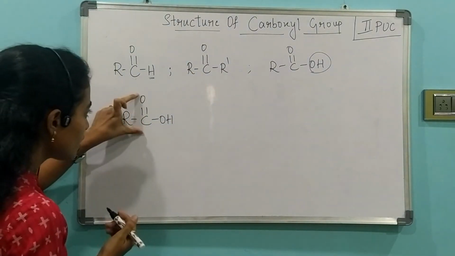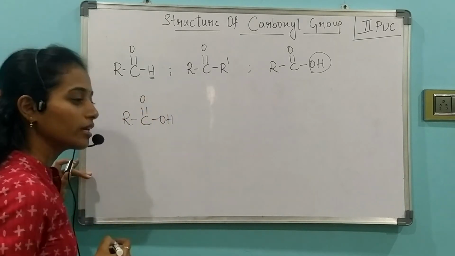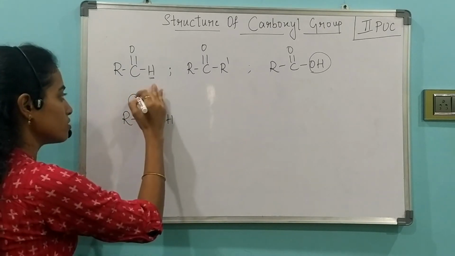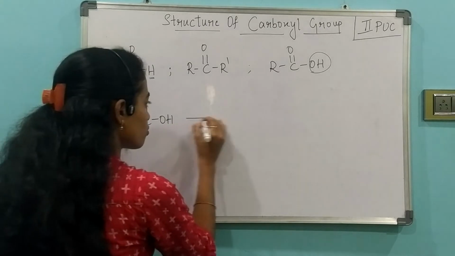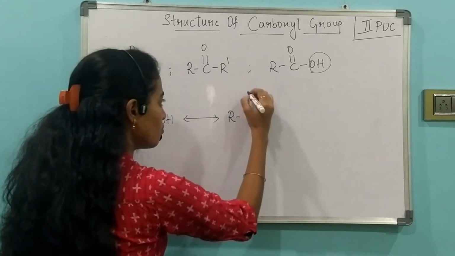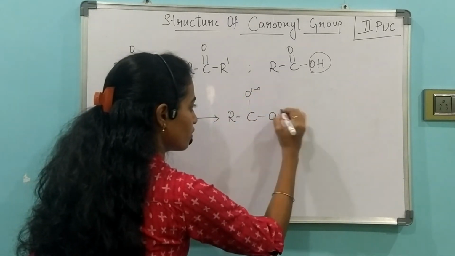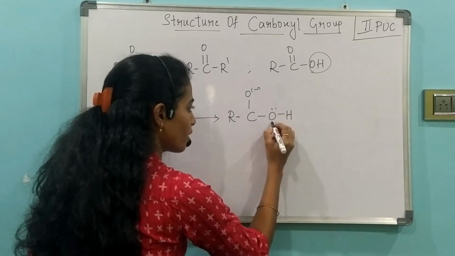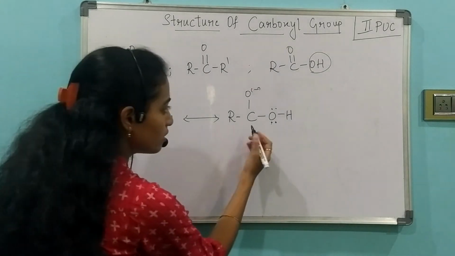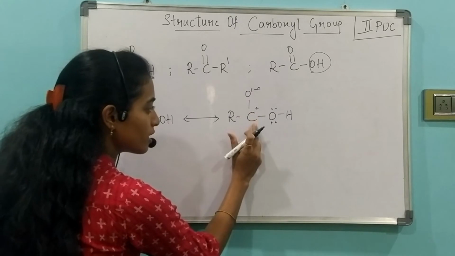So now let us see that. Between the carbon and oxygen there is an electronegativity difference, and oxygen is more electronegative. So what happens here? The bond shifts onto the oxygen. So what are you going to write here? It is RC single bond O minus, and you have oxygen and hydrogen over here. Here you have two lone pairs of electrons on the oxygen. As soon as the carbon has got the positive nature, it has lost one electron.